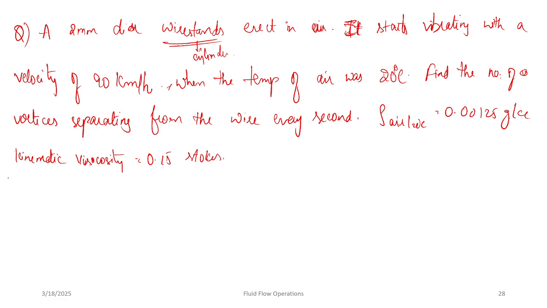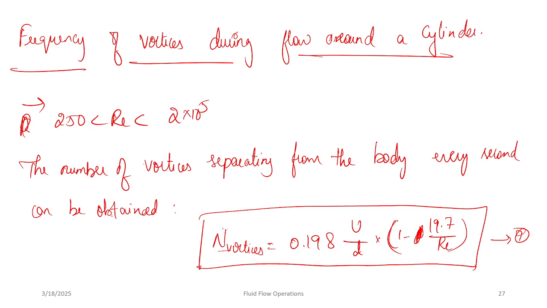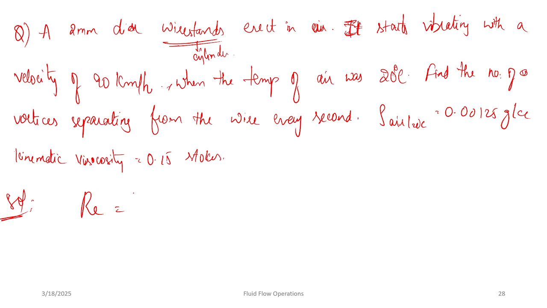So simple, we just have to calculate the Reynolds number and see if it falls between 250 and 2 × 10^5. What is the formula for Reynolds number?